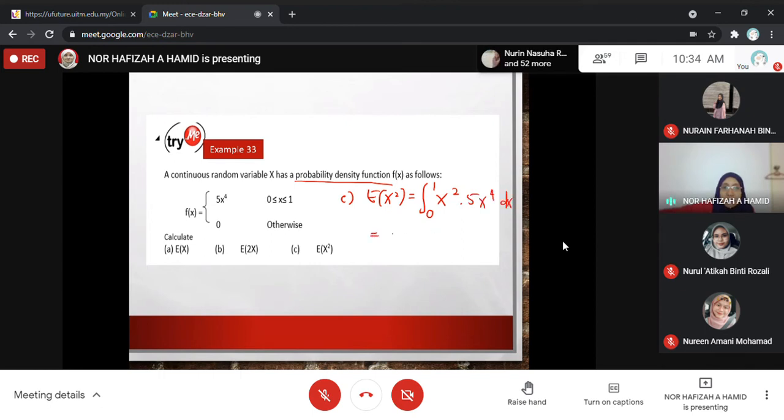That equals the integral from 0 until 1 of 5x to the power of 6 dx. Then you integrate, substitute the values, and you get the final answer equal to 5 over 7. So this is the answer for C, for E(X squared).